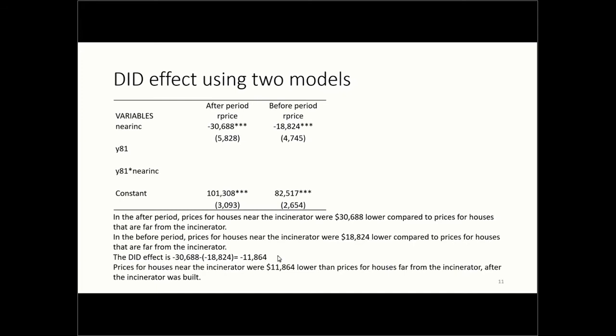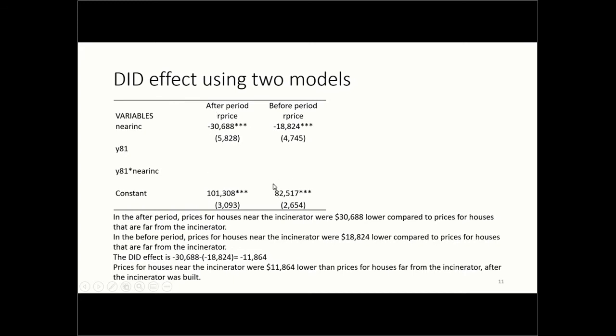So notice again that these coefficients that we have here, these are actually average prices. This is the average price for houses in the after period for the controlled units, for the ones that are far from the incinerator. If you sum these up, this will be the prices for the houses that are near the incinerator in the after period.